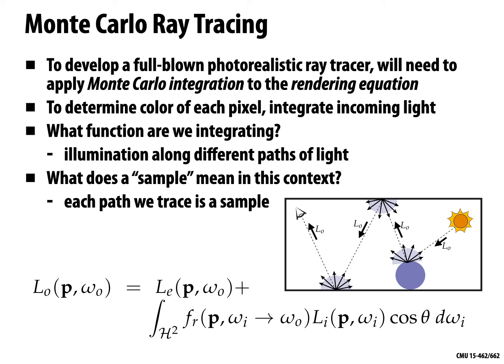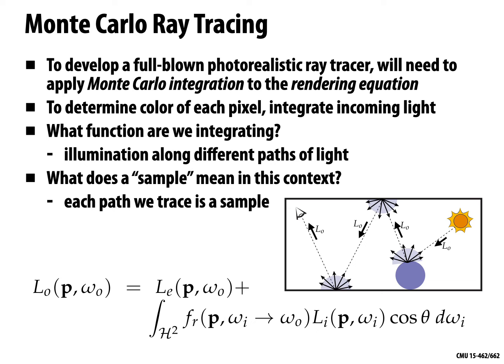Here again is our rendering equation, just to remind you a little bit about what this means and what the pieces are. At a high level, we have something on the left equals the sum of two terms on the right. The something on the left is how much illumination, how much radiance is leaving the point P in the direction omega naught.